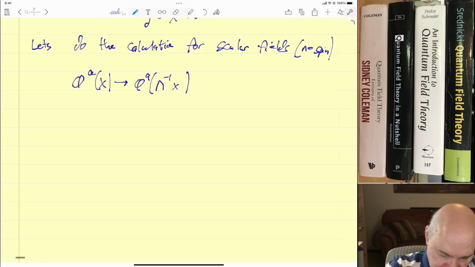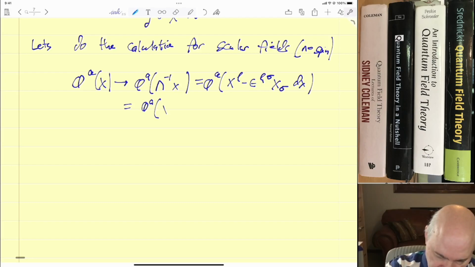Lambda is the Lorentz transformation. And we're going to do only infinitesimal ones. So we'll get x rho minus epsilon rho sigma. Here I'm just making use of the anti-symmetry to get rid of that minus sign.